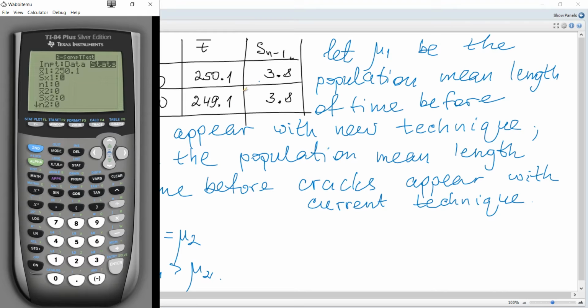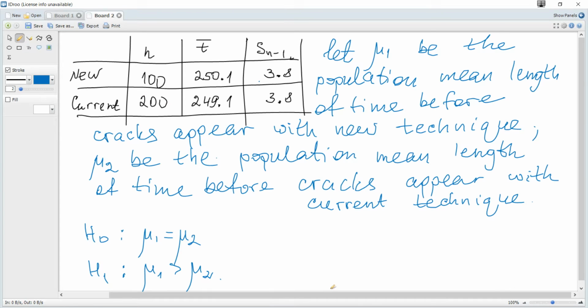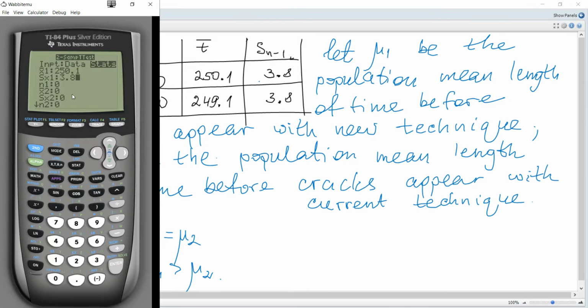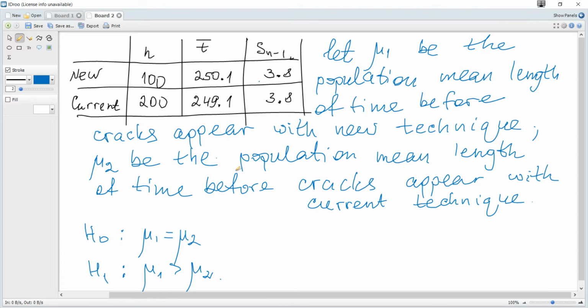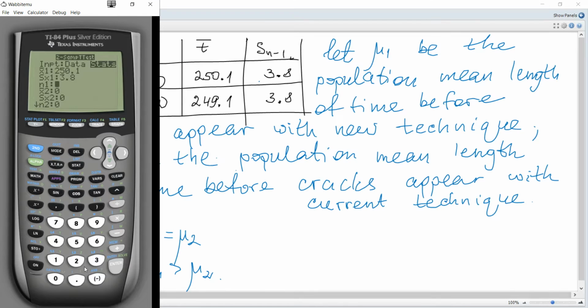So for the first the standard deviation is 3.8. It's new, yes, it's correct. The first is for new, and n is 100.